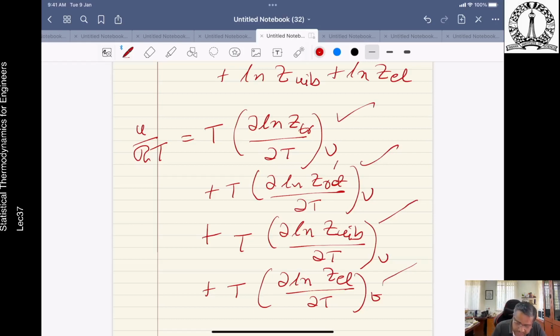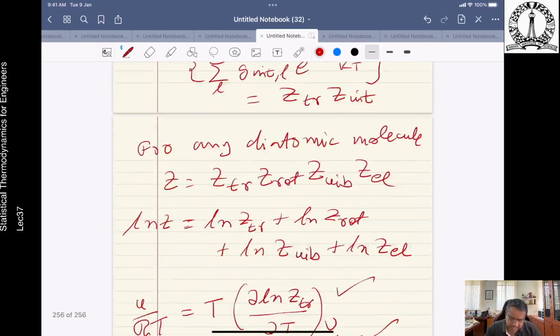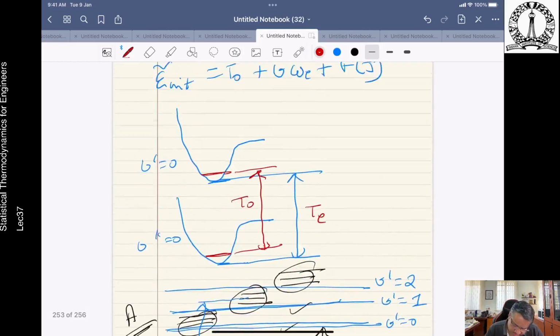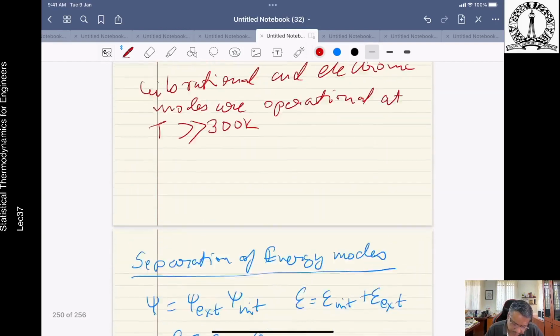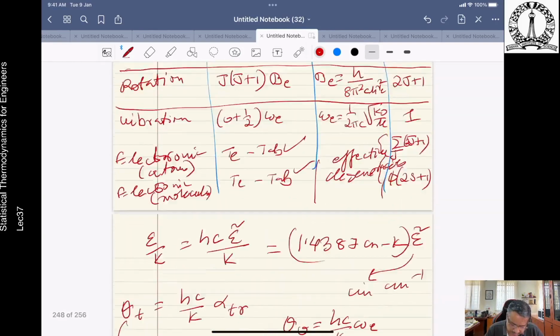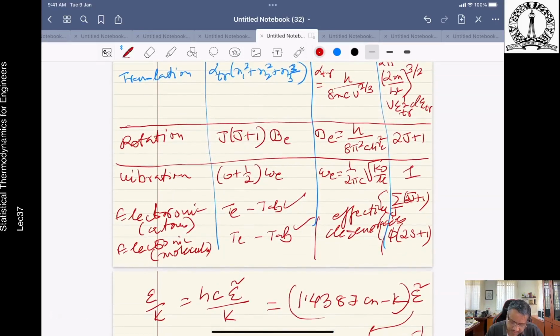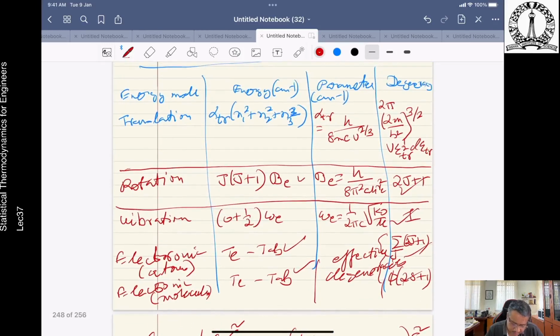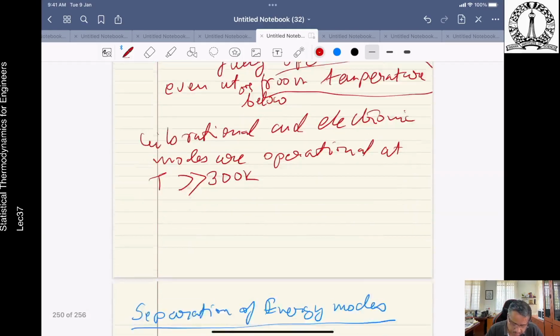If we know the individual quantities, which we can, they depend on the energy levels and the degeneracy. We already said what the energy levels and the degeneracies are going to be, as in this table. We already gave these numbers, through spectroscopic means.